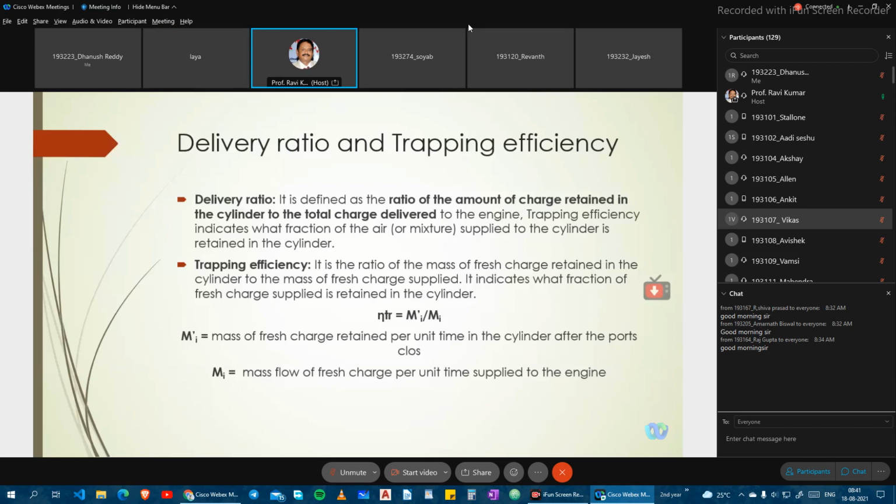Basically, whatever fuel we send, the complete fuel will not be burned. The unburned fuel and leftover charges cause some issues. That's why we will not have 100% efficiency. Engines always have below 50% efficiency. That is the major problem. The efficiencies are thermal efficiency, mechanical efficiency, or brake thermal efficiency.